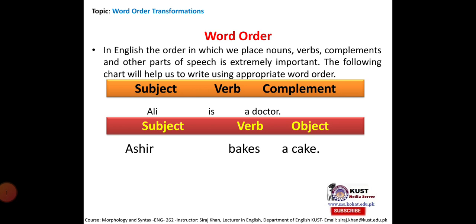Then the verb bakes. The verb comes after the subject and the object comes after the verb. And that's the most common word order. Otherwise, a sentence doesn't make sense. Like if I say a cake, Ashir bakes, or bakes a cake, Ashir.